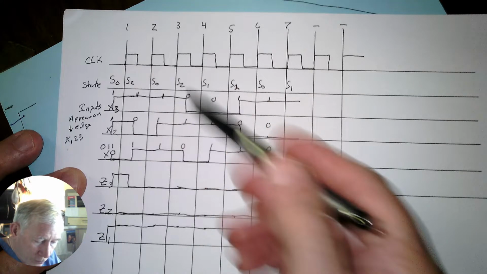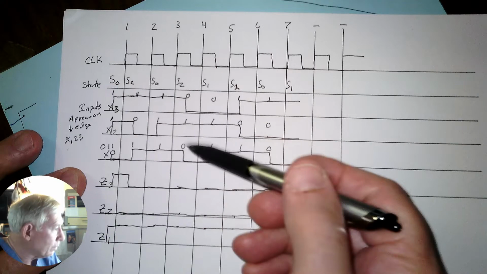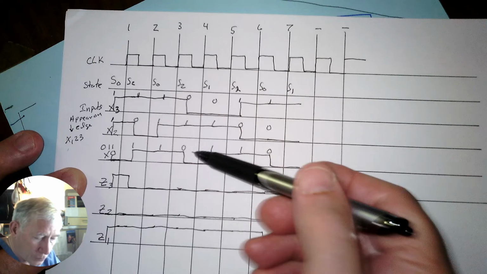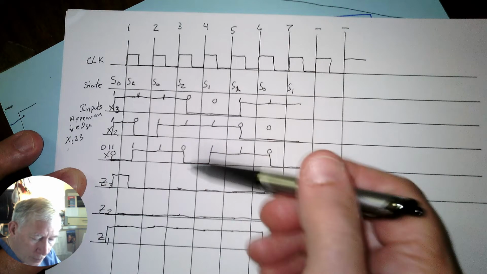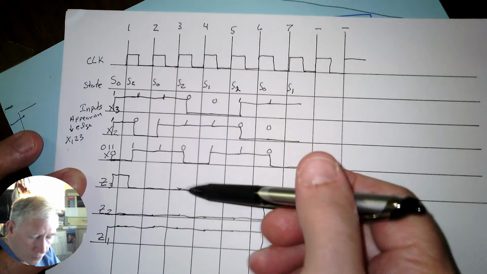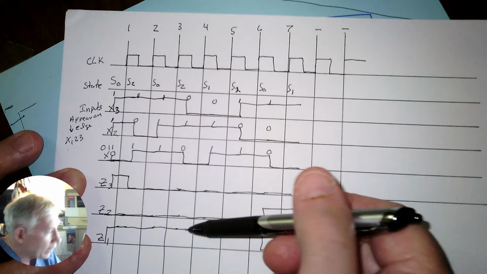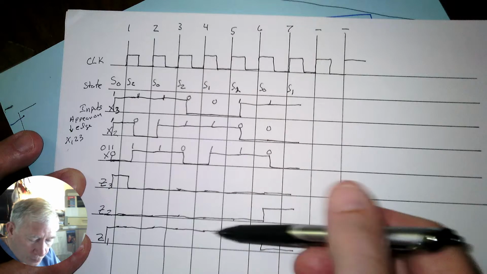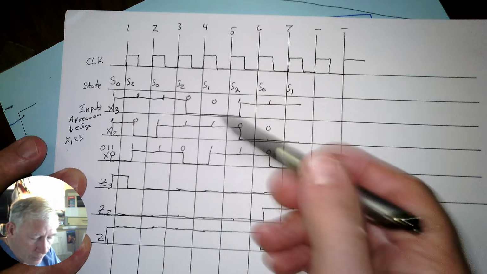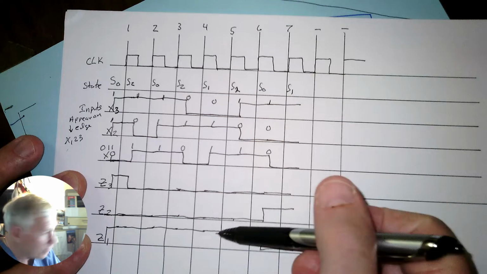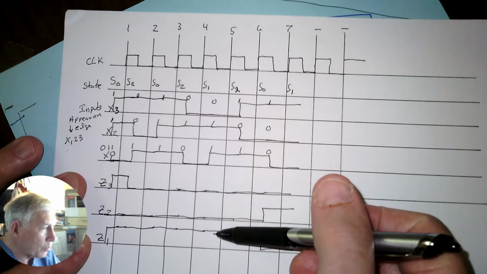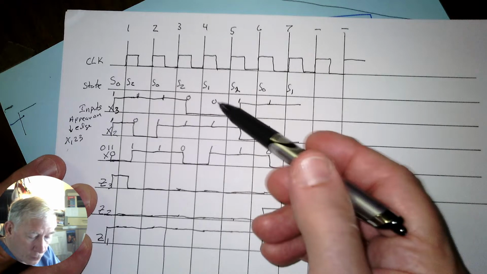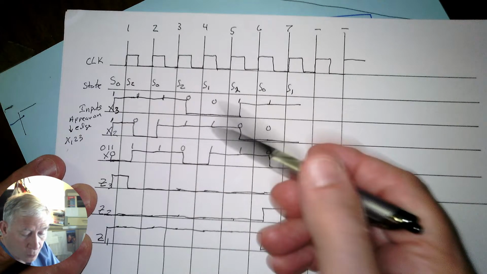Now we're in S2 and our new inputs are 0, 1, 0, so the only one we check is X1. It's a 0, so we go to S1. We output Z1, of course, because we're in S2. When we go to S1, we continue to output Z1 regardless of the new inputs, because it's a Moore output. Z1 has both Mealy and Moore components, but this one is the Moore. Then our new inputs are 0, 1, 1.